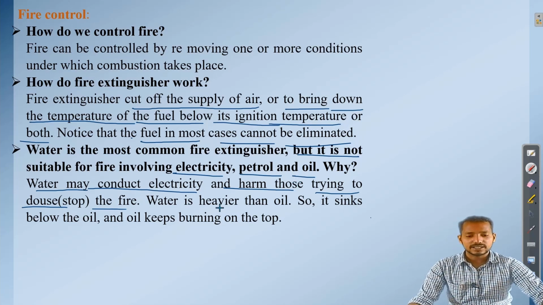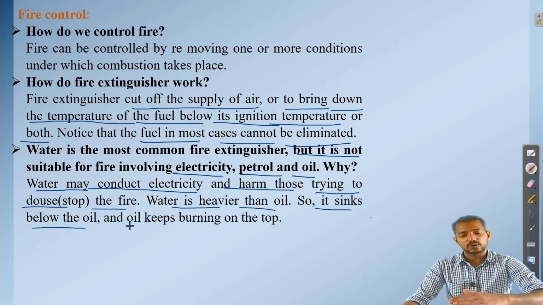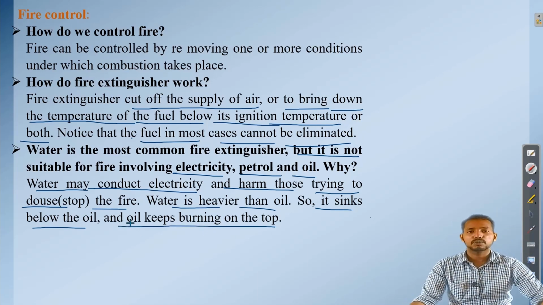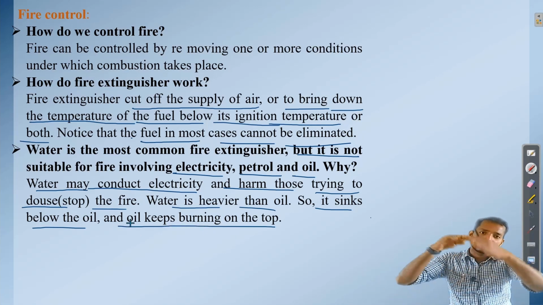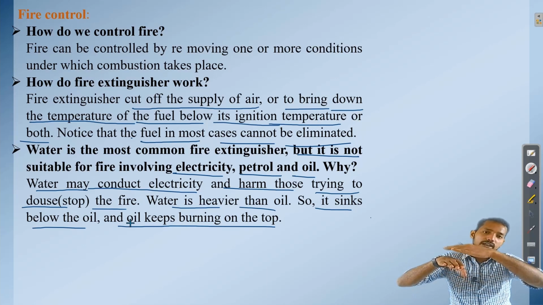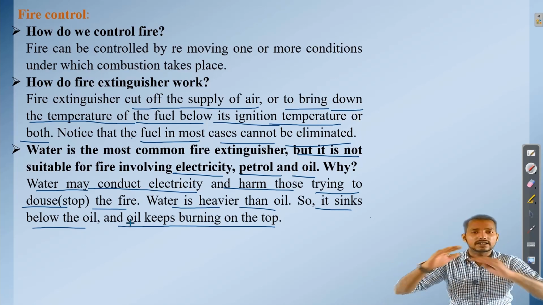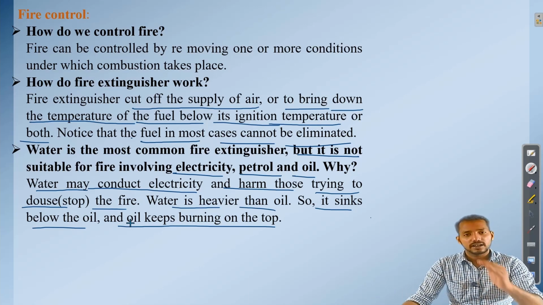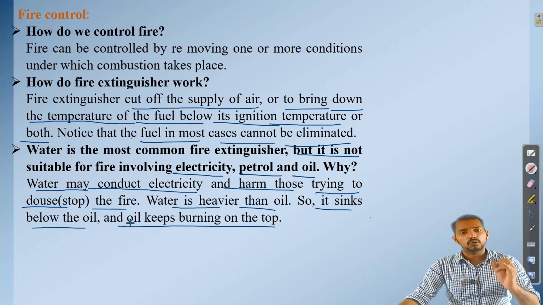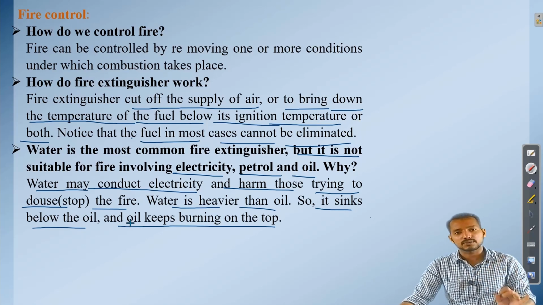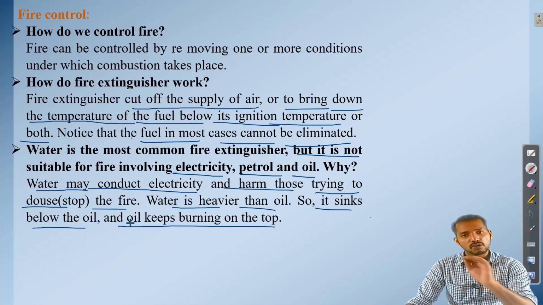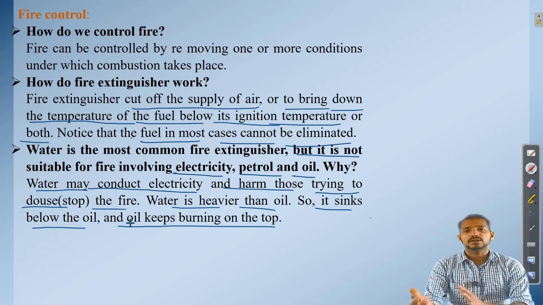So water is heavier than oil, so it sinks below the oil and the oil keeps burning on the top. Once poured, the water will go down below the oil, and the oil will come up and burn freely. So because of these reasons, for fires involving oil, petrol, or electricity, water is not used as a fire extinguisher. Then what can be used?